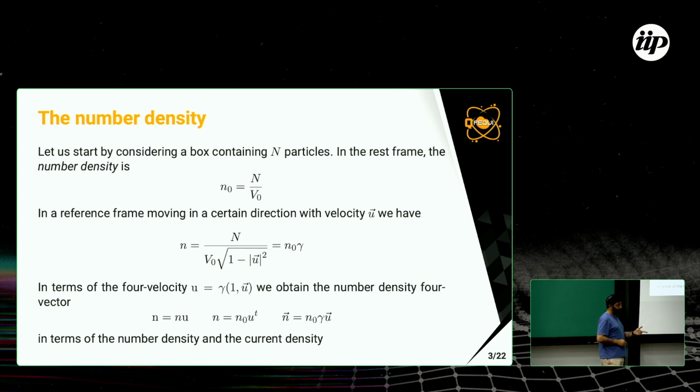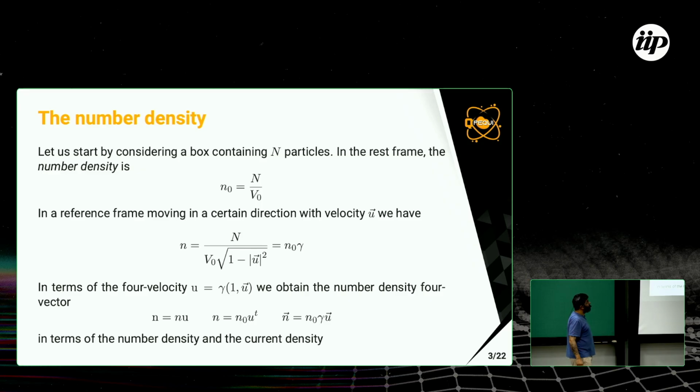So we go to the rest reference frame of this guy. This is always possible because it's a massive guy, so we can always find a transformation where we go to the reference frame of this guy, where the system is at rest with respect to us, and then we define the density just like this.